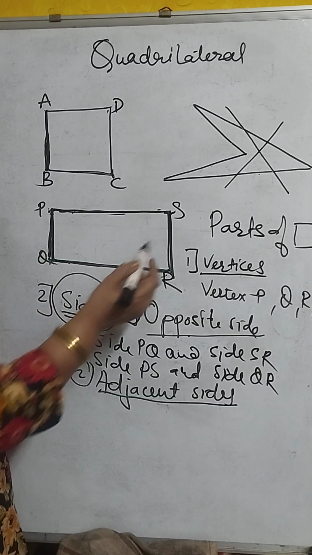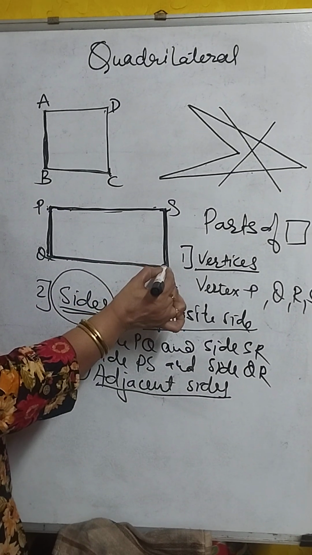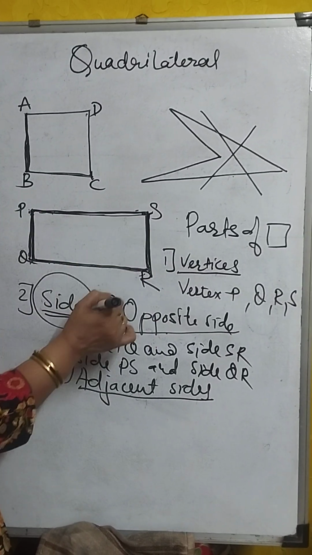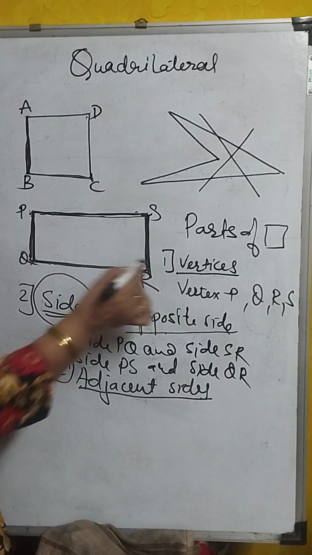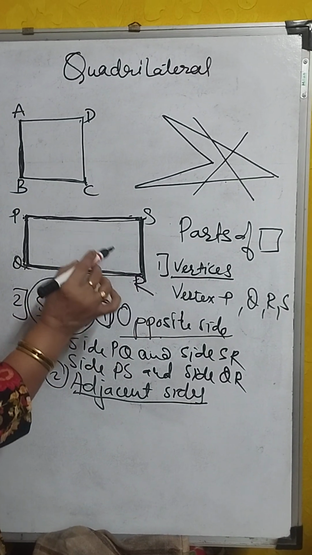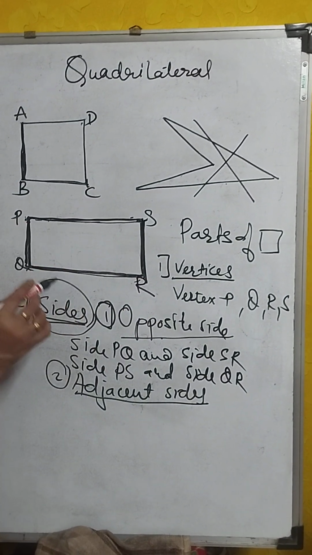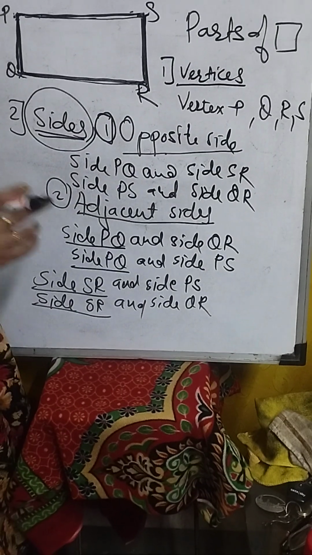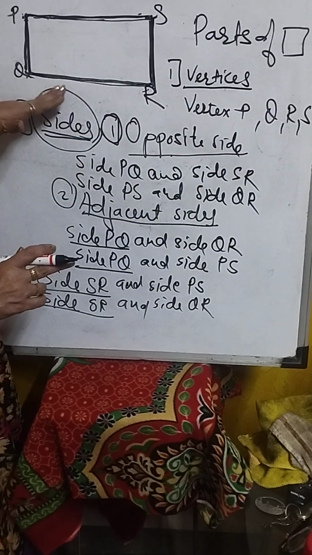Are you understanding? If you consider SR, then side SR and PS are adjacent, side SR and QR are also adjacent. Are you getting what the adjacent sides are? You understood these adjacent sides?